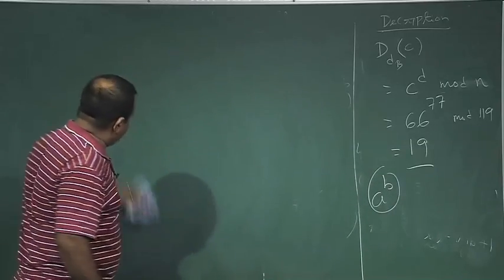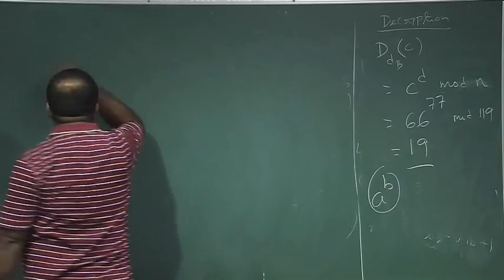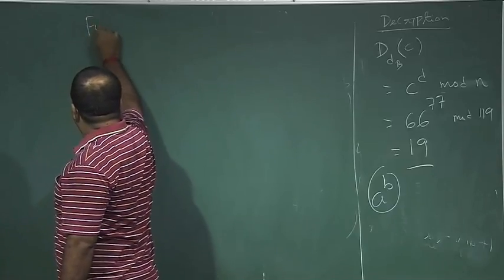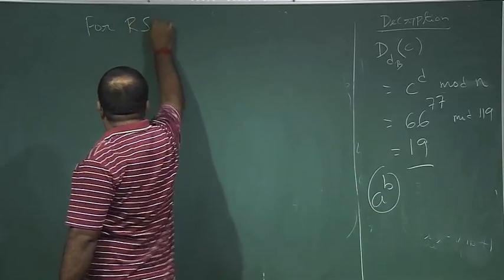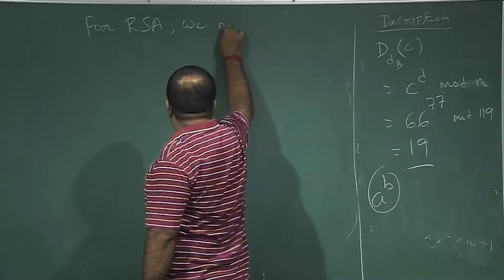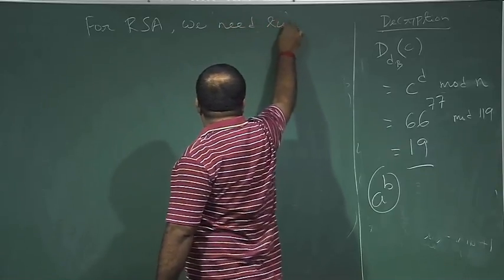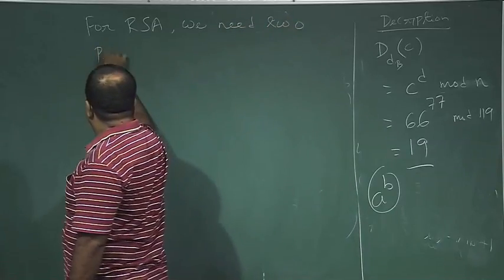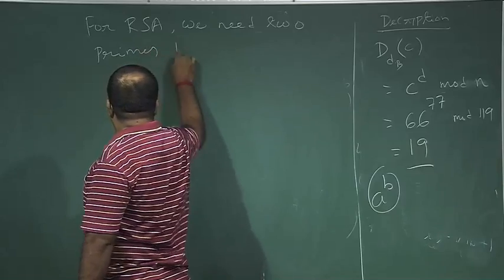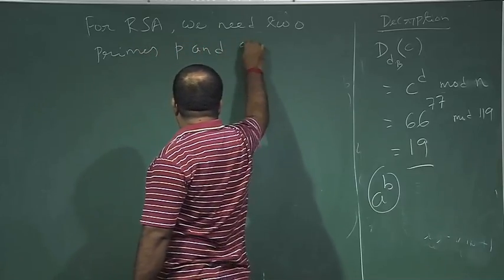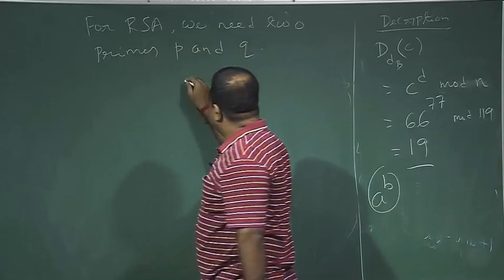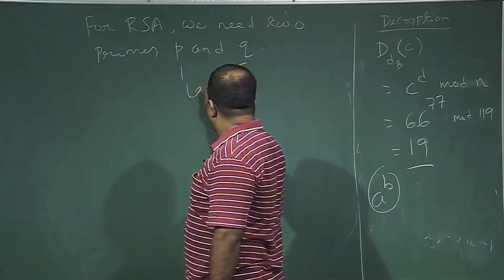For RSA we need two primes, P and Q, and they should be large. Why large?